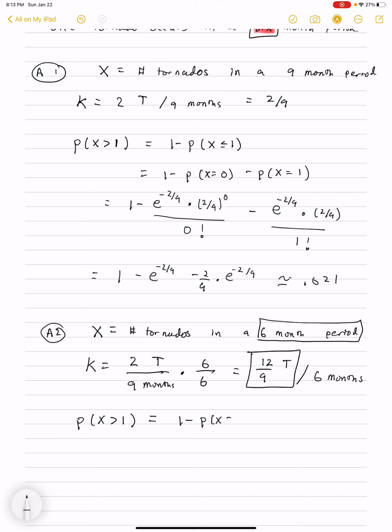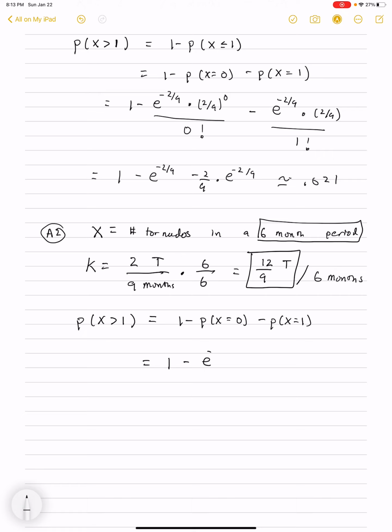So this will be 1 minus e to the minus 12 ninths times 12 ninths to the 0th over 0 factorial minus e to the minus 12 ninths times 12 ninths to the first power divided by 1 factorial.